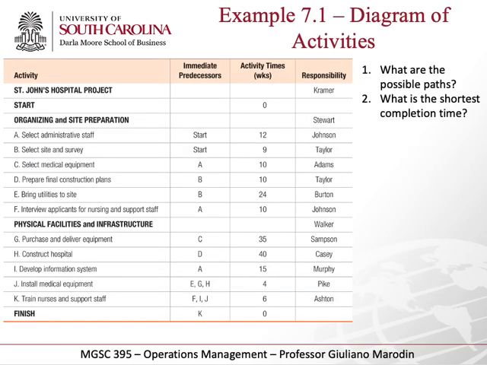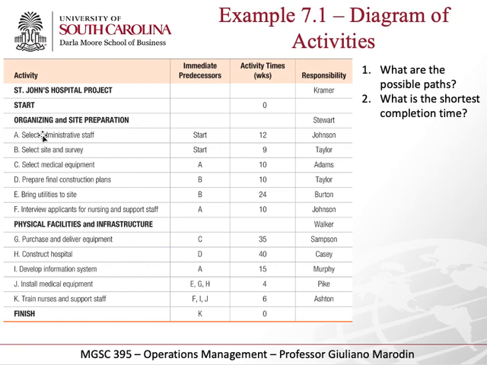So this is an example of the St. John's project. These are examples of tables that you'll see in homework assignments and other assignments. You have the activity or process step on the left, the ones that we just saw. We have the immediate predecessor, so you can see that select admin staff is the starting point. We don't need to do anything before that, and it'll take 12 weeks.